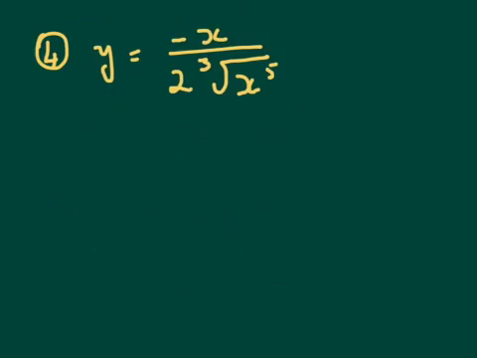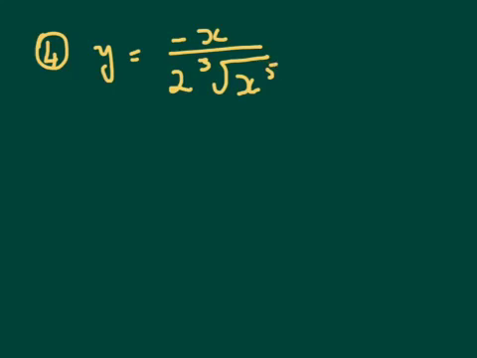Okay, now this one's very messy, and most of the problem is to do with algebra and not calculus. But let's make sure we understand what this is in fact saying firstly. It's saying y is equal to negative x over, it's not 2 to the power of 3, which is what it might look like, but it's 2 times the cubed root of x to the power of 5.